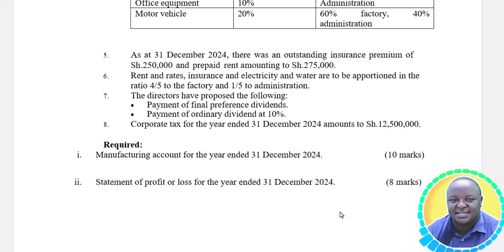When you talk about direct raw materials, direct labor, direct expenses, these are all directly related to production, because our interest here is to find the production cost. Then of course after that we shall add the factory overheads or maybe other overheads, for us to determine the prime cost before we get the production cost.